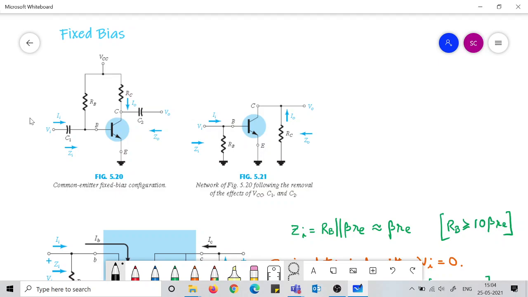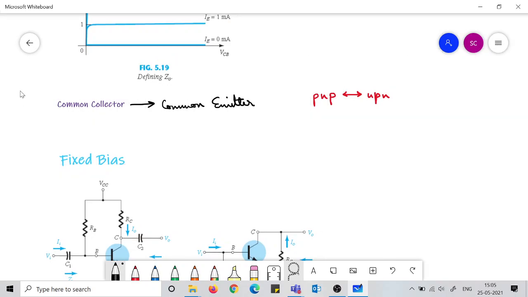We had seen that, so let us just see that once again.